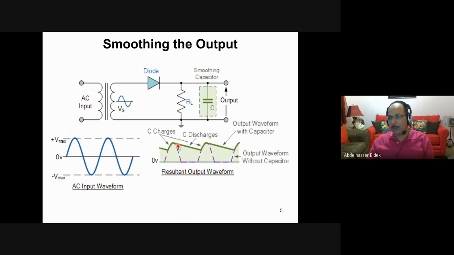When the voltage starts dropping, the capacitor will start discharging, to a certain value depending on the time constant, of course. Then when it turns positive again, the capacitor charges again, and when the voltage drops, the capacitor discharges, and so on.